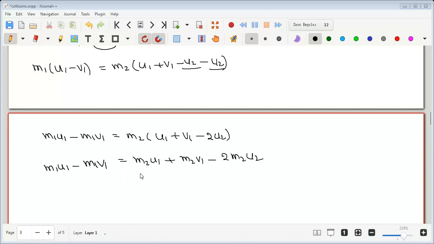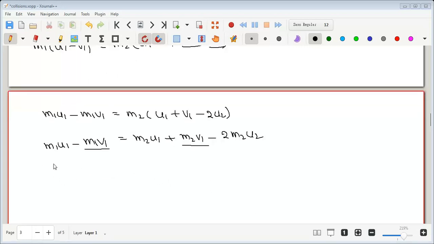Now we have to find the v1 value. So write v1 on the right hand side and bring the remaining terms to the left hand side.